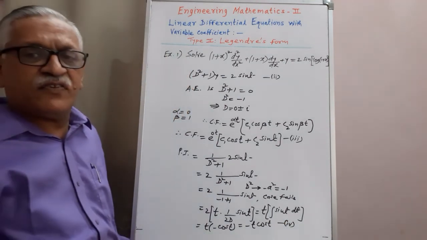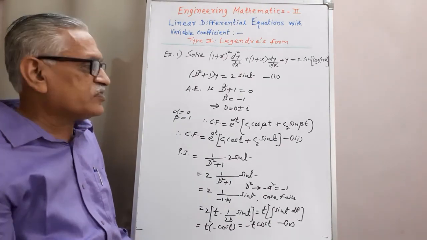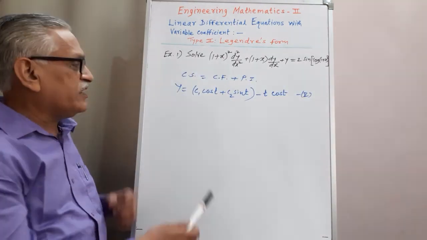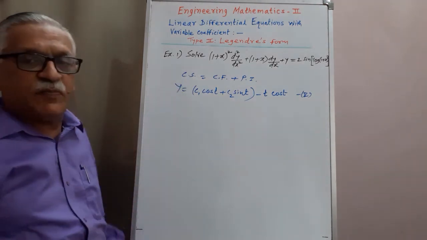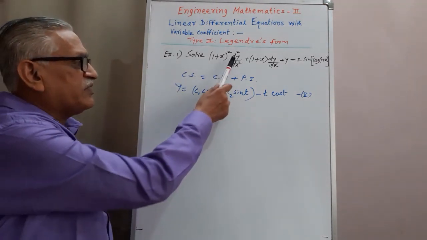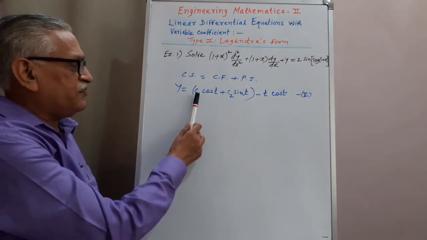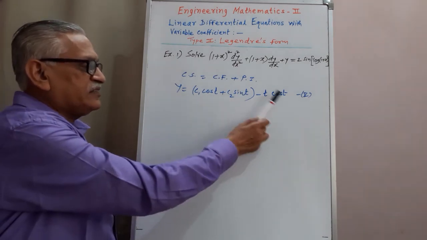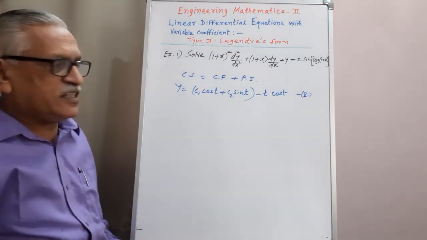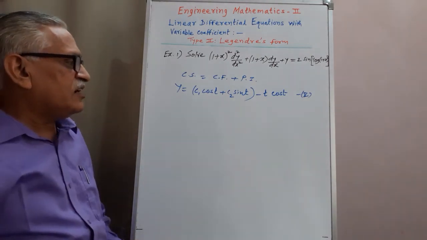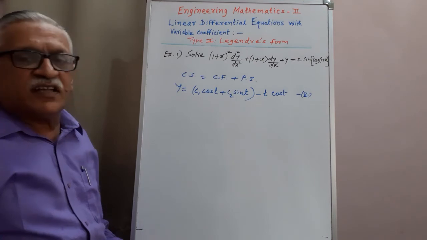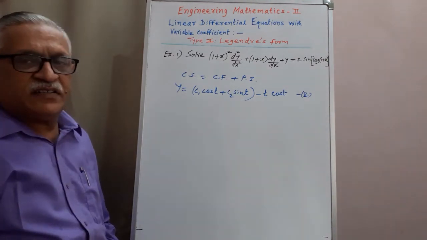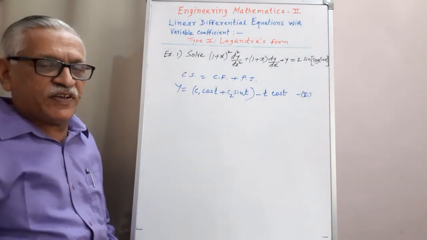And then combine CF and PI to get the complete solution. Combining CF and PI, we get the complete solution always for the dependent variable. Here the dependent variable is y. CF is C1 cos t plus C2 sin t, and PI we just obtained as minus t cos t. This is the relation between dependent variable y and independent variable t, but the original equation is in terms of x and y.